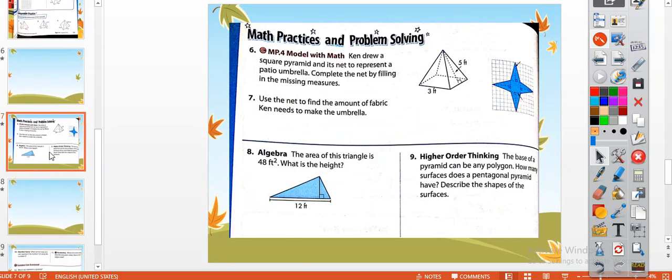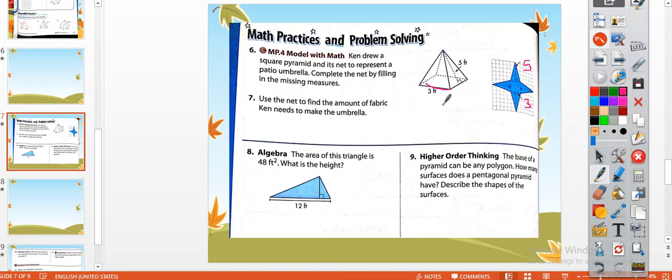Well, in this question, he said that you can draw a square pyramid, and its net is represented in the umbrella here. So complete the net by filling in the missing measurements. So this one here is the 3, and the height is 5. Then he asked you to find the surface area, or the amount of fabric needed to make his umbrella.